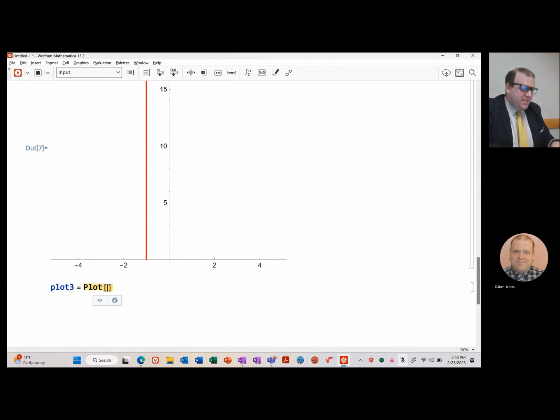We're between 4x squared and 16. Where does 4x squared intersect 16? 2, right?